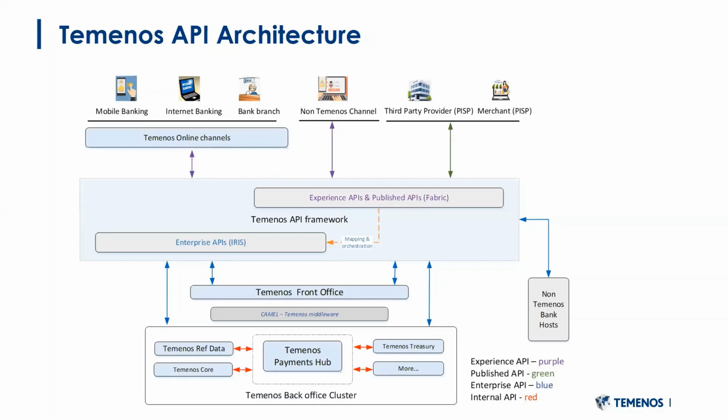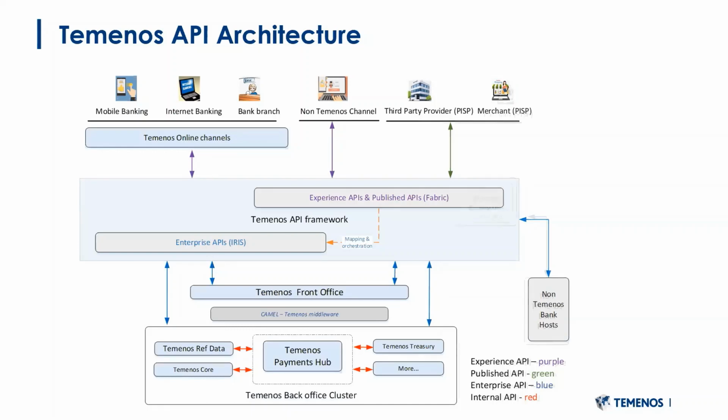Experience APIs and published APIs have to be mapped to an enterprise API to actually get the intended benefit, because it's enterprise APIs that fetch data. Experience and published APIs don't fetch data, so you have to map them onto an enterprise API.